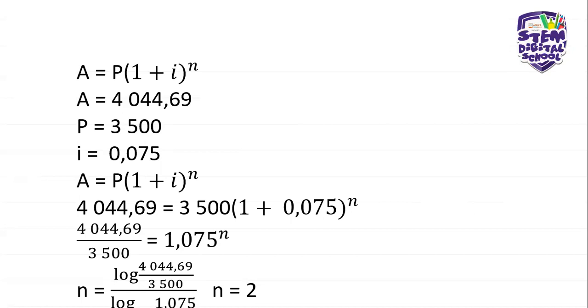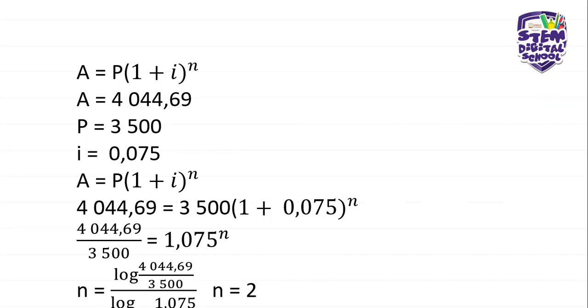But if you put 1,075 to the power of 2, in other words, if you just multiply 1,075 by itself, the answer that you get there will be 1,155,625. So you'll see that without waste of time, this trial and error will work. You'll see that it works for the value of n, which is 2. So if n is 2, then the left-hand side will be equal to the right-hand side.